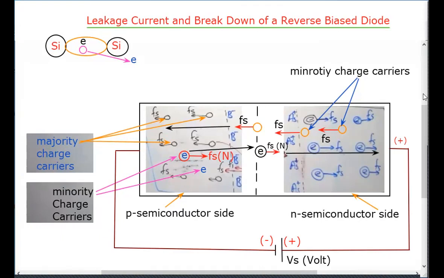Here we know the equation of the current. Normally we write Q equals IT. From this we can make I the subject, so I equals Q divided by T. Q is the amount of charge that flows through a certain circuit. Here the charges are the minority charge carriers, and we have a very small number of them.